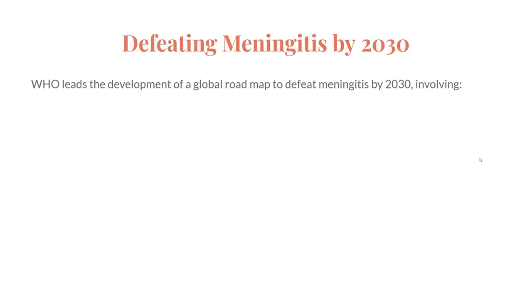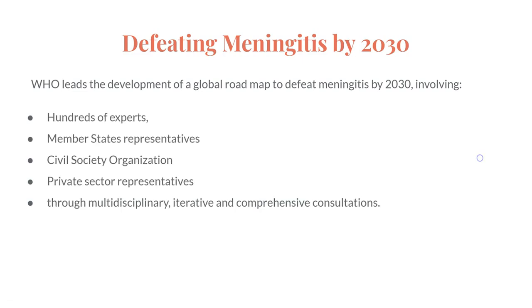Now, because of this, WHO, which is the World Health Organization, they do lead the development of a global roadmap to defeat meningitis by 2030, which involves gathering hundreds of experts, member state representatives, civil society organizations, private sectors, and they plan to do this through all these comprehensive consultations across all these different people.